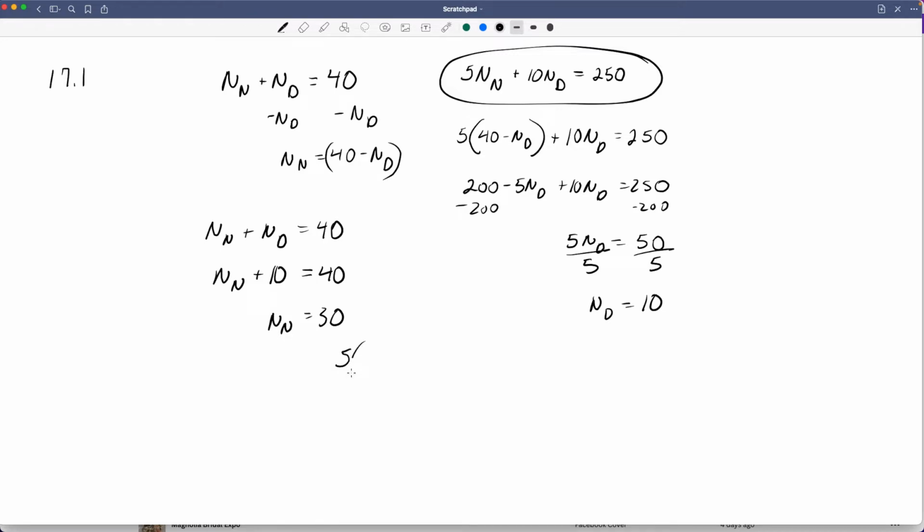So 5 times the number of nickels, which was 30, plus 10 times the number of dimes, which was 10, should equal 250. So 5 times 30 is 150, plus 10 times 10, which is 100, and 150 plus 100 is in fact 250.